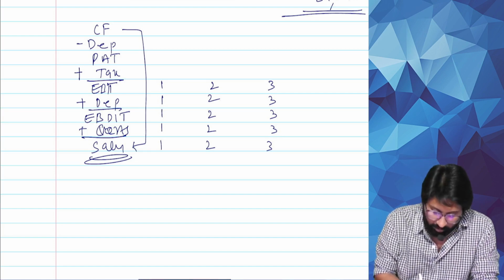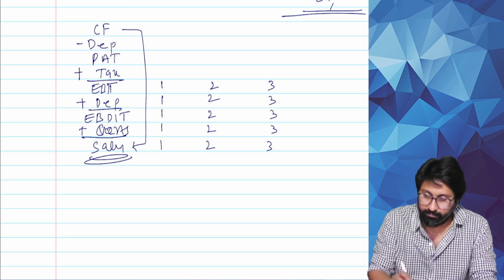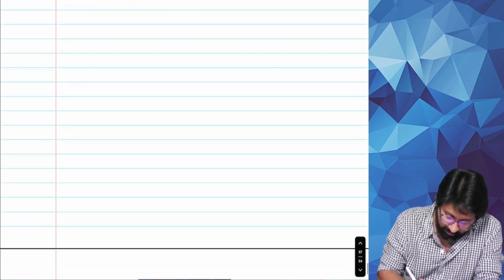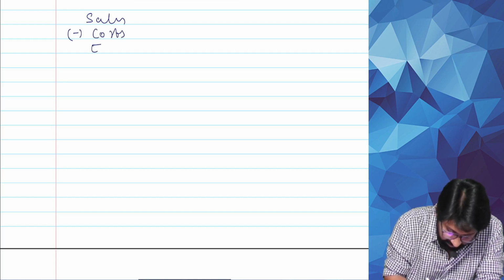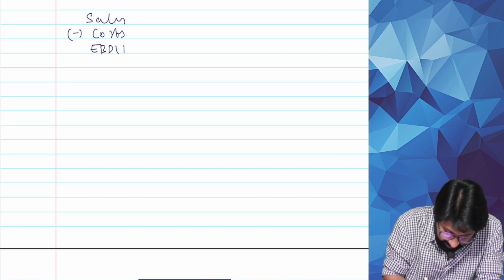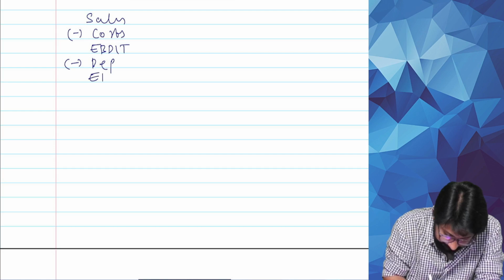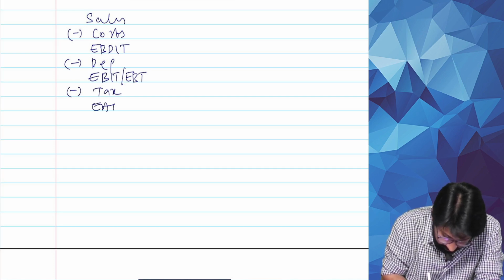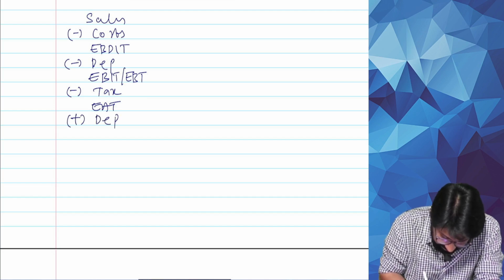Please tell me, what do you mean by sales? Start again. Reverse this and tell: minus cost, EBDIT, minus depreciation, EBIT or EBT, EAT, plus depreciation, cash flow.